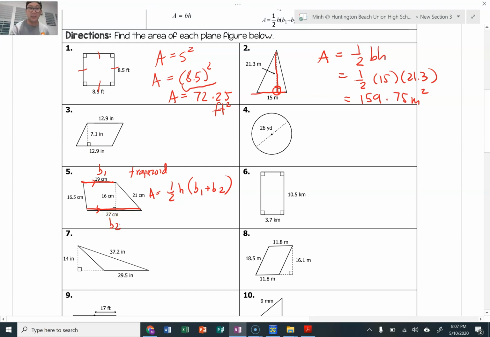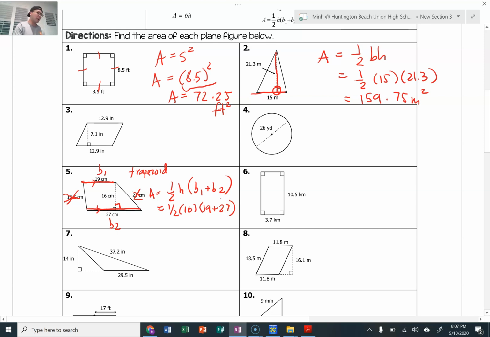And then the height, don't get confused and think that the 16.5 and the 21 is the height. No, we don't want that. The height is always going to be the one that forms a right angle with the other two sides. So when you put this into your calculator, you have 1/2 times 16 times 19 plus 27.